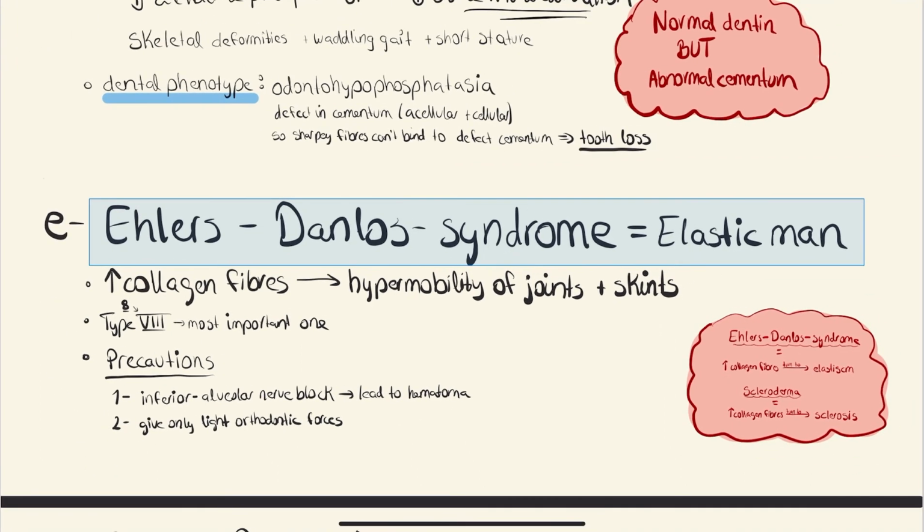So the last type is the Ehlers-Danlos syndrome. It is also called the elastic man. We have here increased collagen fibers. Increased collagen fibers lead to hypermobility of the joints and skin. The type 8 is the most important one. We have many points.